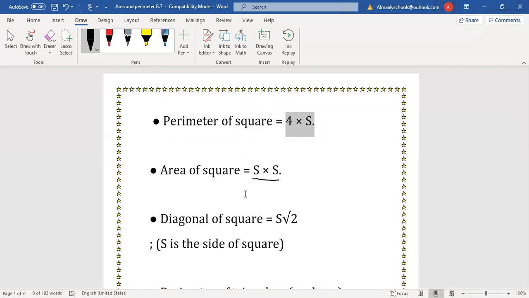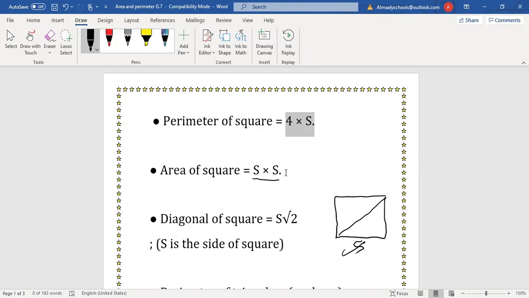Now, if we have a square and we know its side length, for example, is S, any number, and we want to find the length of the diagonal of the square, we can use the rule: the diagonal of the square equals side length multiply root 2.